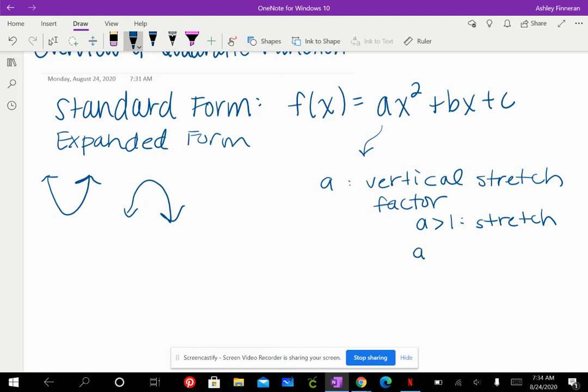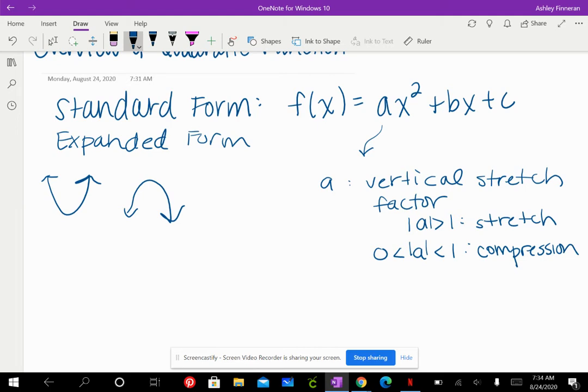If a is less than 1, but greater than 0, and I'm going to make this the absolute value of a. Remember, absolute value bars just make something positive. We're really just talking about the absolute value of a, because if a is negative, something different happens. We'll talk about that in just a second. If the absolute value of a is between 0 and 1, the function is compressed.